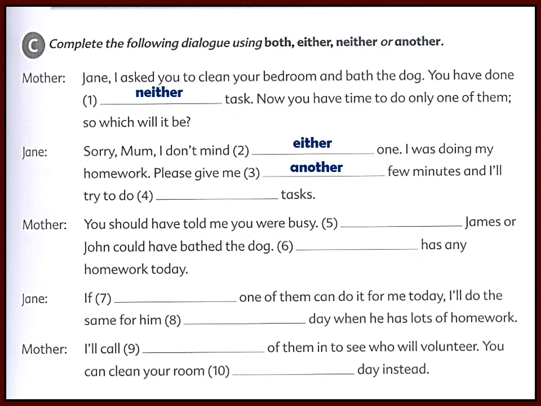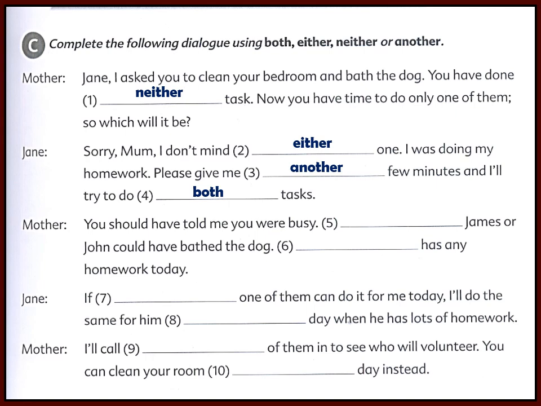Good. Another few minutes, and I will try to do dash tasks. Tasks is plural here. And how many tasks were given by mother to Jane? 2 tasks. And when we discuss 2 nouns, what do we use? Very good. We use both tasks.